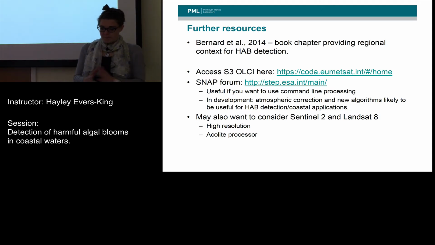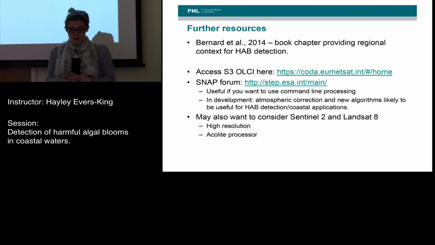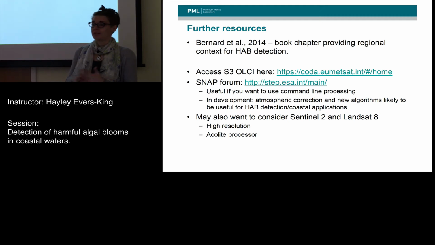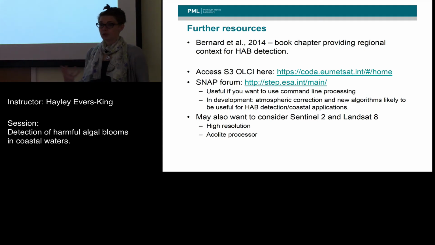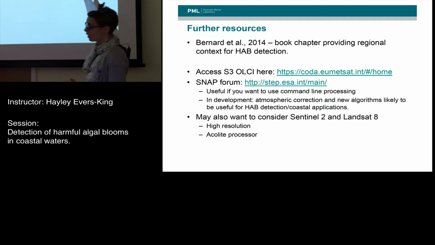You've also got in there a book chapter, which was something we wrote about this area and about HAB detection there in particular, so it's useful for some background context if you wanted to do a bit more reading. And also for reference, if you wanted to use Sentinel-3 data now to do this same sort of analysis in new areas, you can get that data from EUMETSAT via CODA. You've already used that a little bit this week.